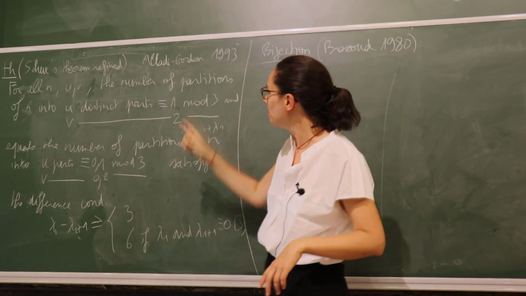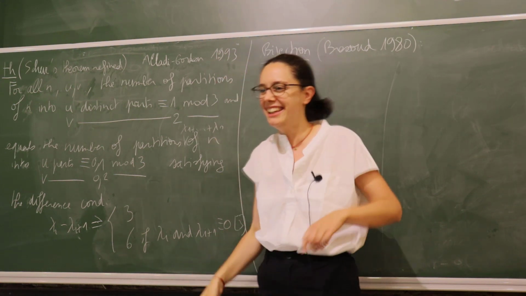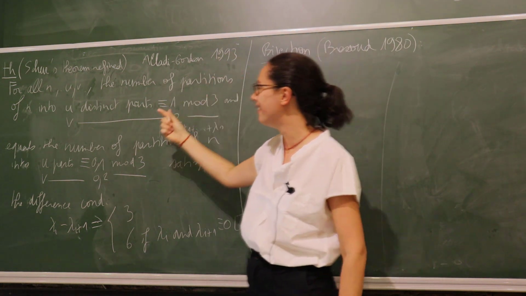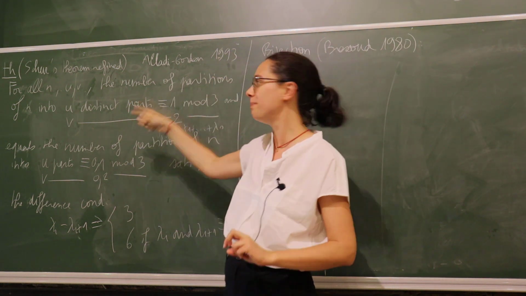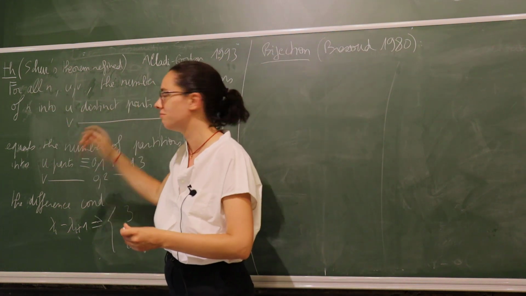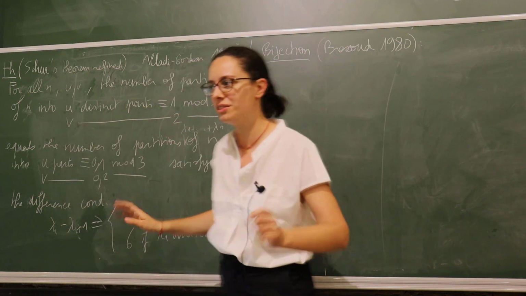Of course, you could say that's strange because I wrote 93 here and 80 there, but if you listened and not only read, I said that Andrews had a bit less precise refinement before that, where instead of having u and v, he had just one letter, let's say u, in both cases, and here also.